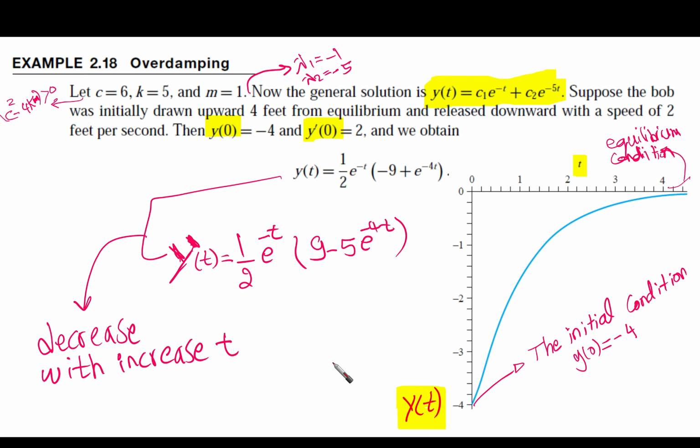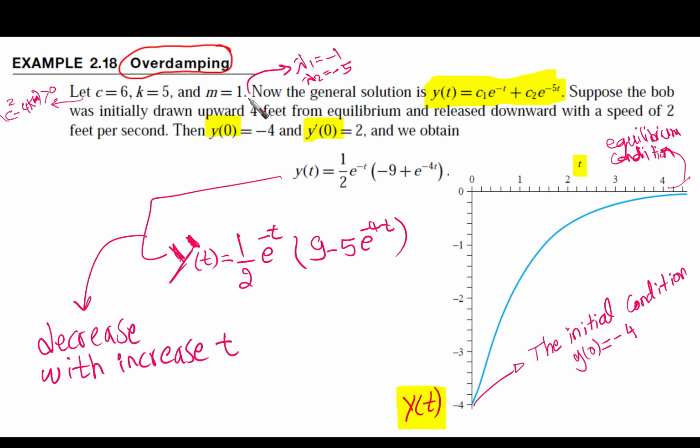Let's see the graph here. This is similar to our case. Let's have an example to understand the meaning of the word overdamping in a graphical form. Let's take some numbers here. Let's assume that we have c equal to 6, k equal to 5, and m equal to 1. It's clear that c squared minus 4km is larger than 0, right?